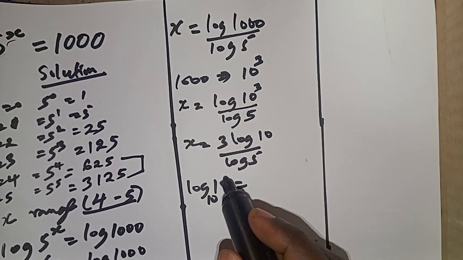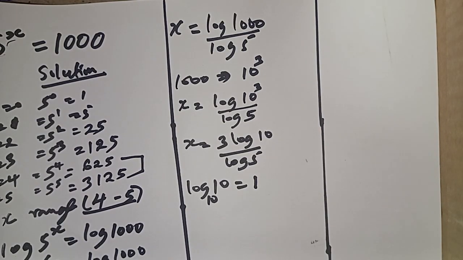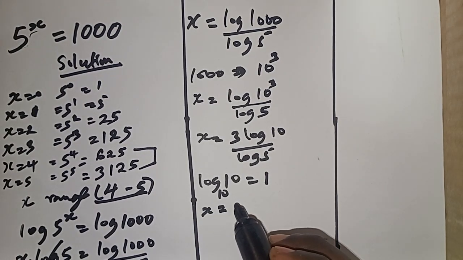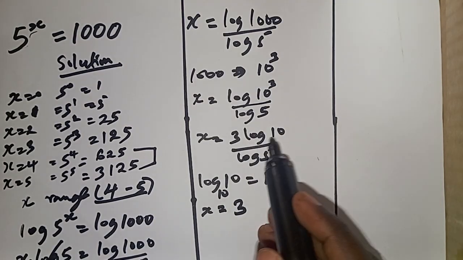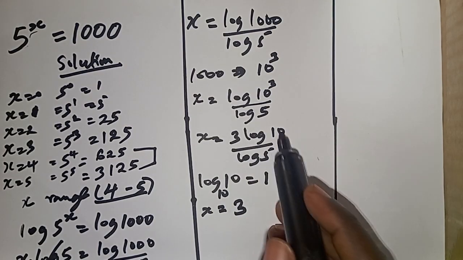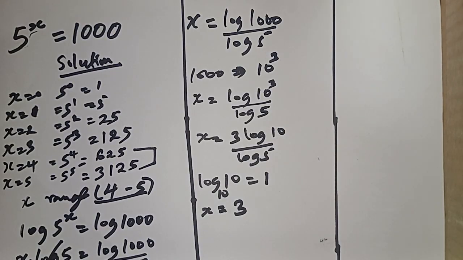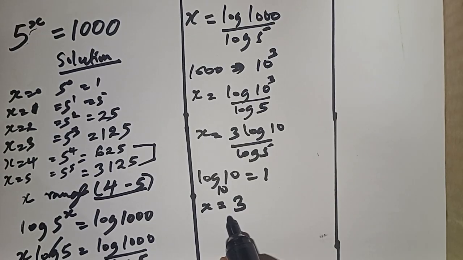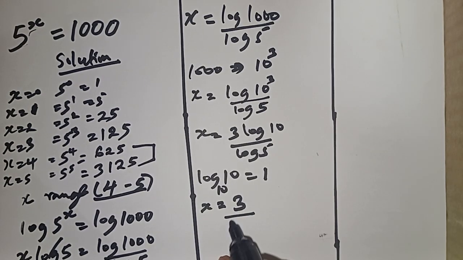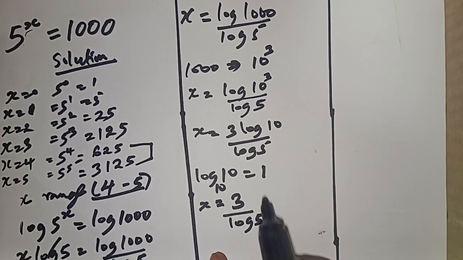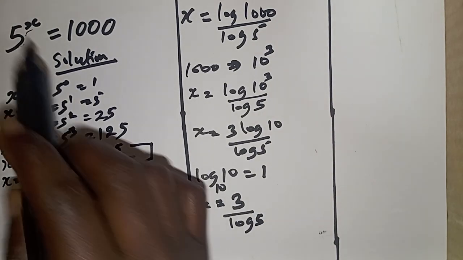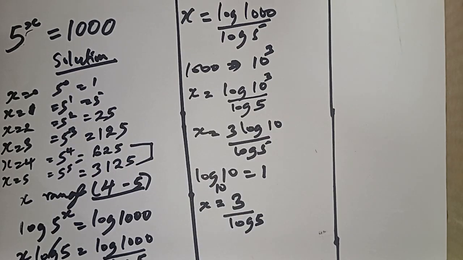And when you take log 10 base 10, we shall get 1. So x now becomes 3 divided by log 5 as our actual value, which is required for the value of x.